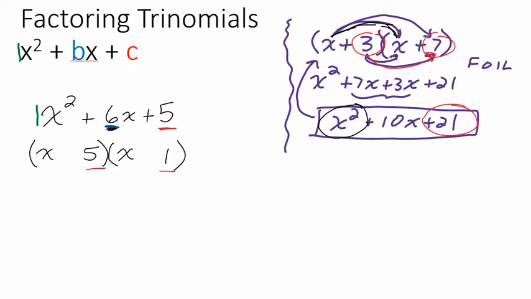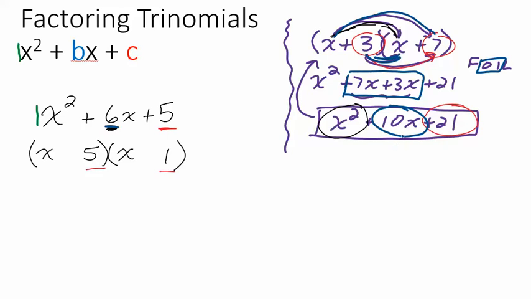Now let's look at where did that 10 come from. Well, the 10 came from the 7x plus the 3x, and that came from the outside plus the inside. So we had the 7x plus the 3x, and that gave us the 10x.